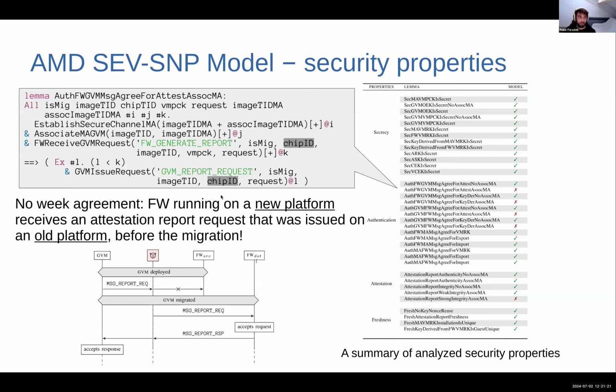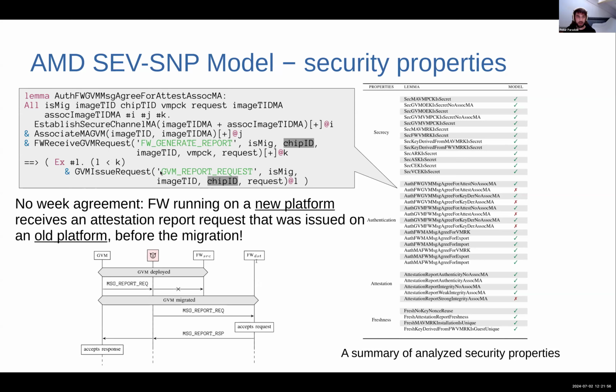So this property doesn't hold. It says the following. If the firmware receives the attestation report while it is executing on the platform with a chip ID, then it must be the case that at some time previously, the SMP protected guest that was executing on this same platform with the same chip ID requested this attestation report.